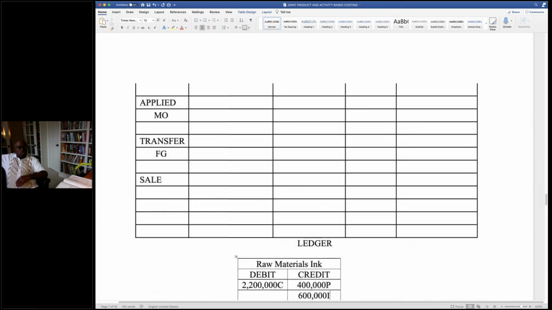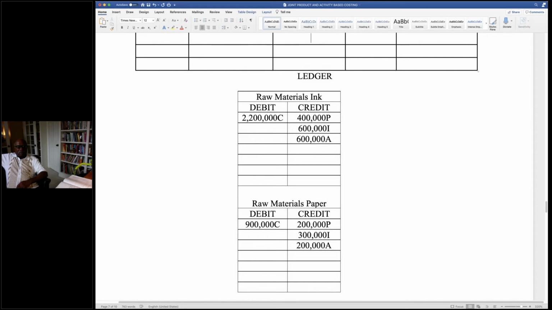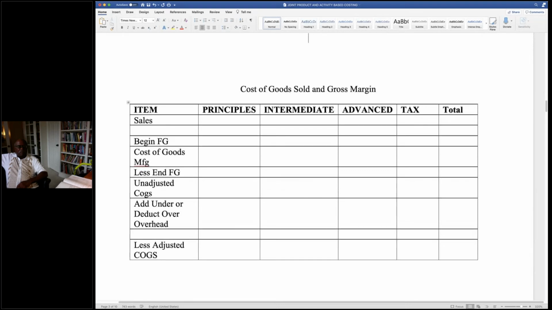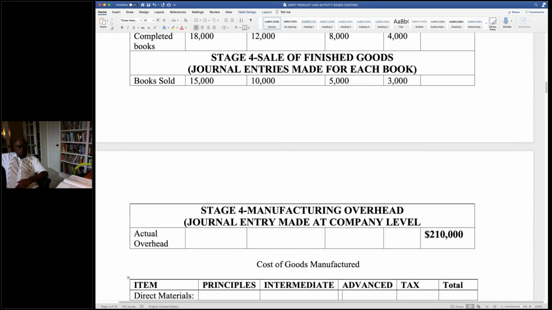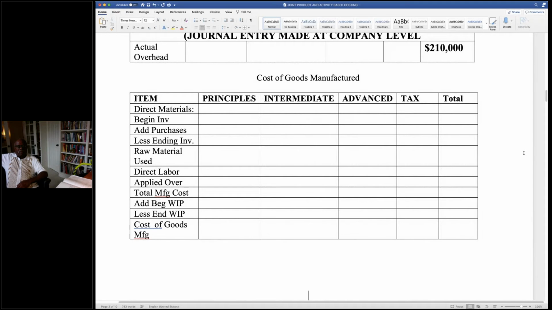Now we haven't worried about the journal entries. Let's go to the statements. Okay, so our beginning inventory is 0.